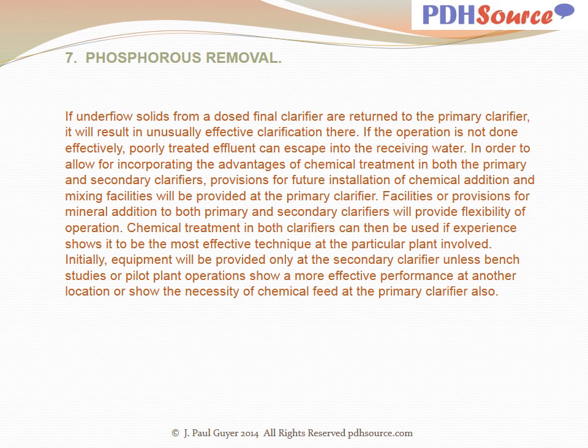Chemical treatment in both clarifiers can then be used if experience shows it to be the most effective technique at the particular plant involved. Initially, equipment will be provided only at the secondary clarifier unless bench studies or pilot plant operations show a more effective performance at another location or show the necessity of chemical feed at the primary clarifier also.